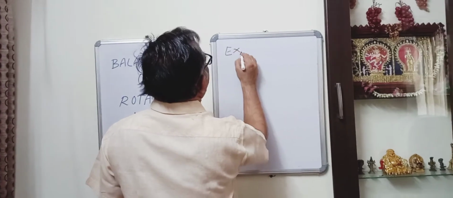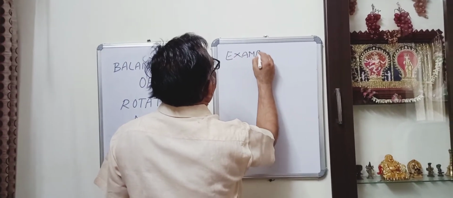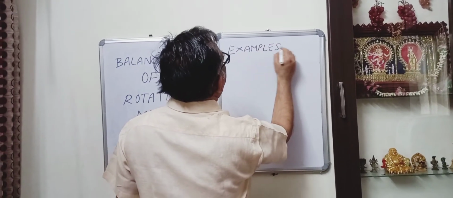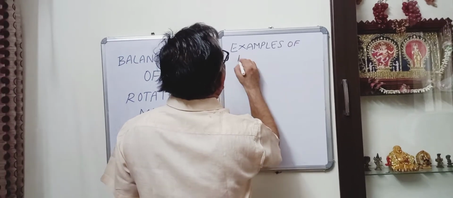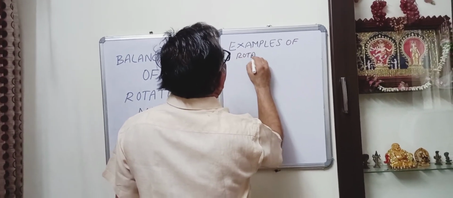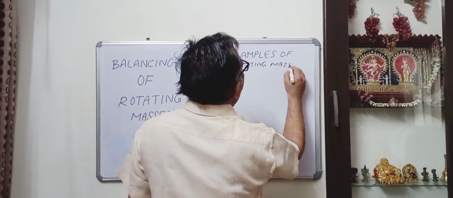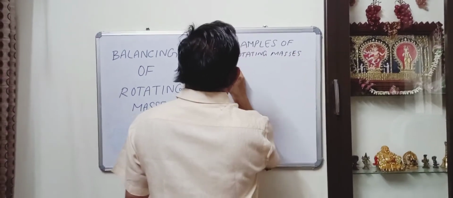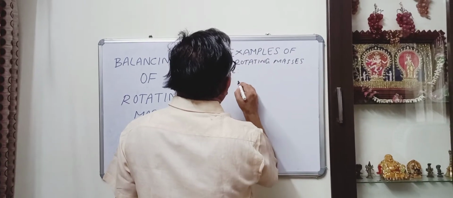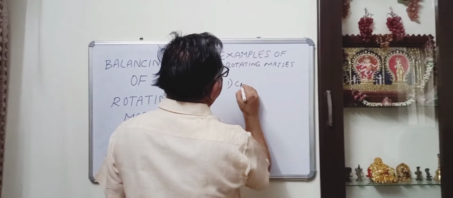Examples of rotating masses are: number 1, ceiling fan.